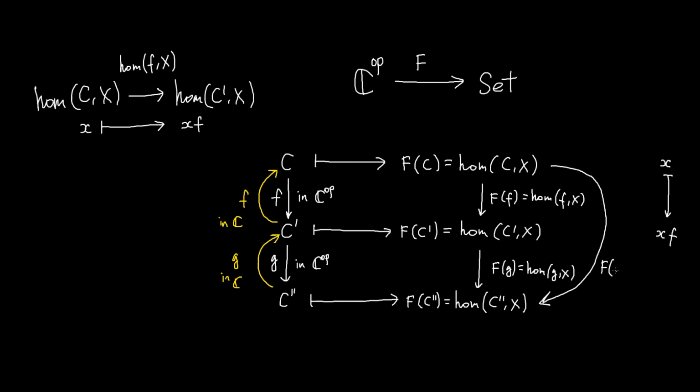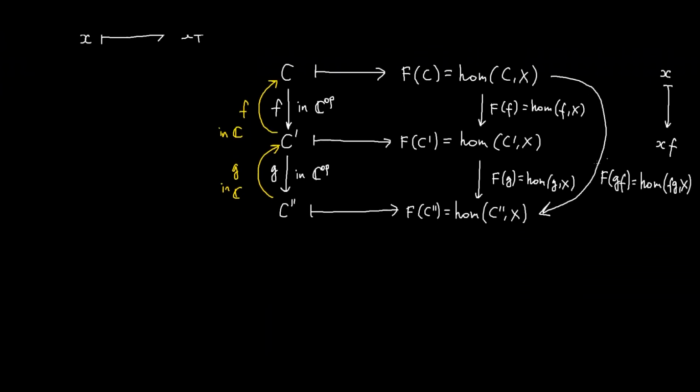So F of this composite gf will be Hom(fg, X). Okay, so now we are ready to check that F is a functor, at least that it preserves composition.